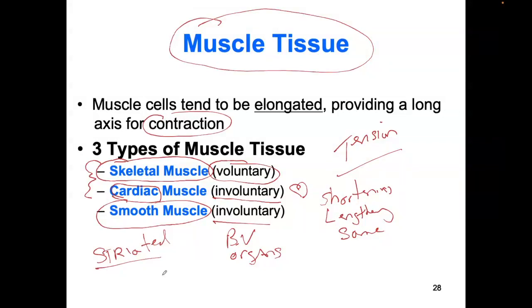Striated means like this. You can see lines. That's striated. So skeletal and cardiac muscle under a microscope have a linear or striated type of appearance. Smooth muscle, it's called smooth because it doesn't have that. It doesn't have the striations.